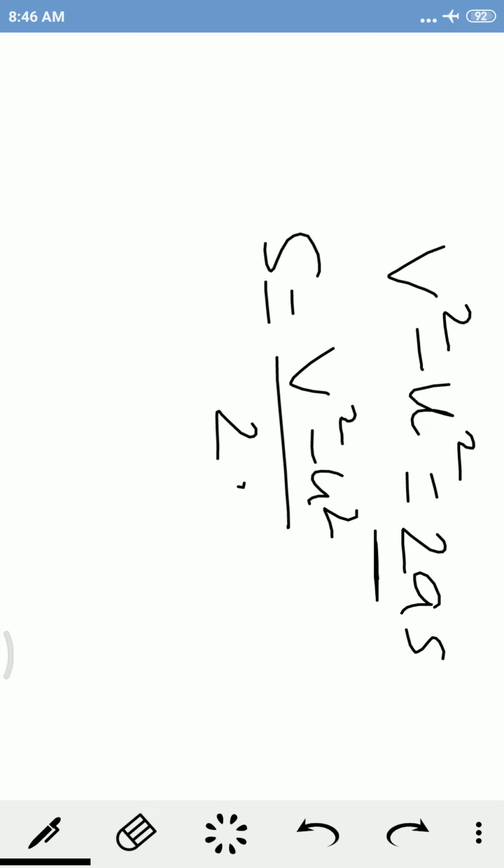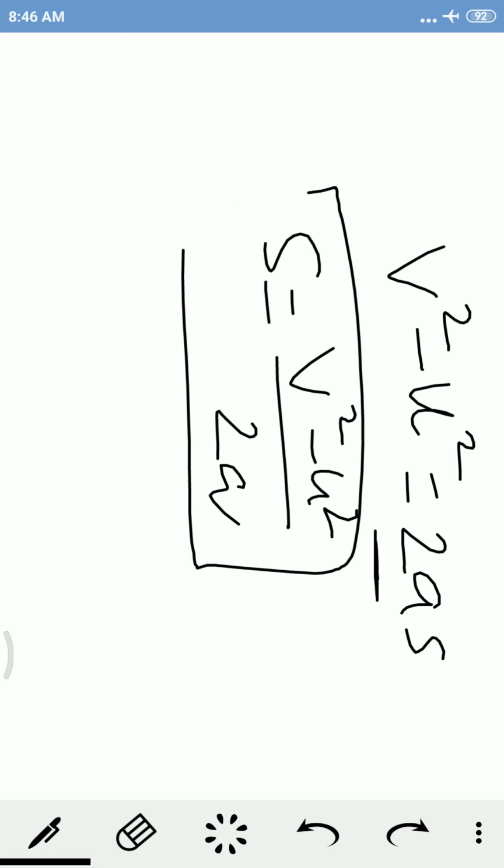Before that, all of you know Newton's third equation of motion, that is v square minus u square equals 2as. If we transpose 2a to the LHS, we get s equals v square minus u square upon 2a. This expression we are going to use for the derivation. Now, what is the formula for work done?